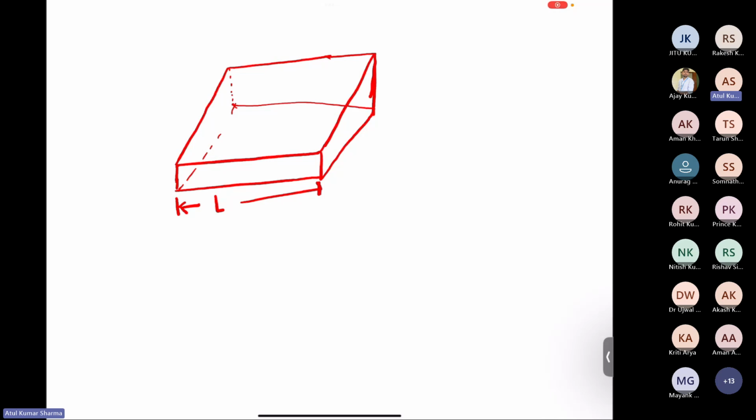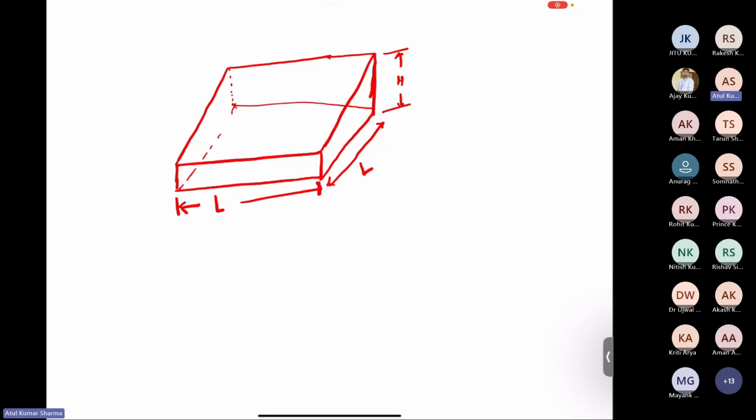This dimension is L, this dimension is also L, so the planar dimensions are L, and the thickness direction is H. So this is the geometry I have considered, a cuboid kind of thing, which has two dimensions L, and the other direction is H.